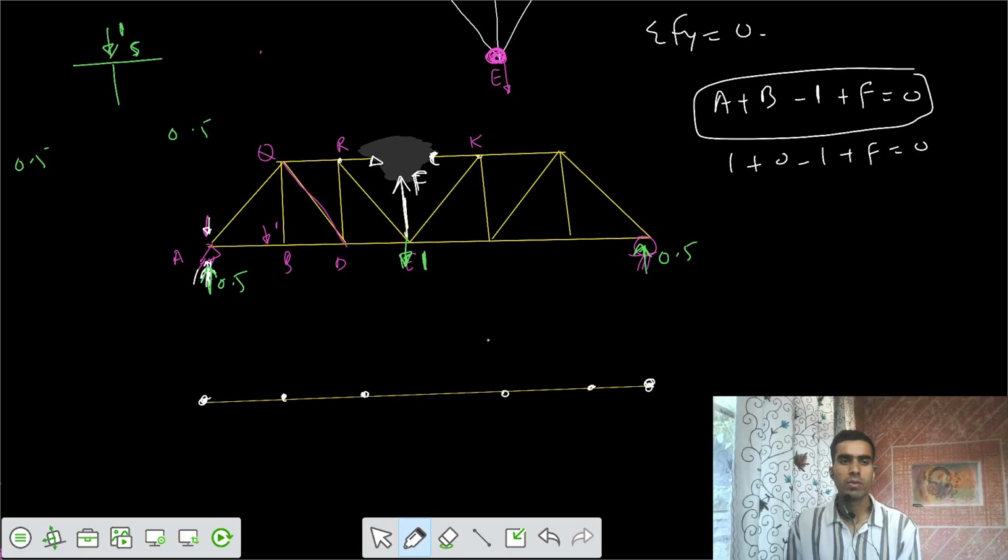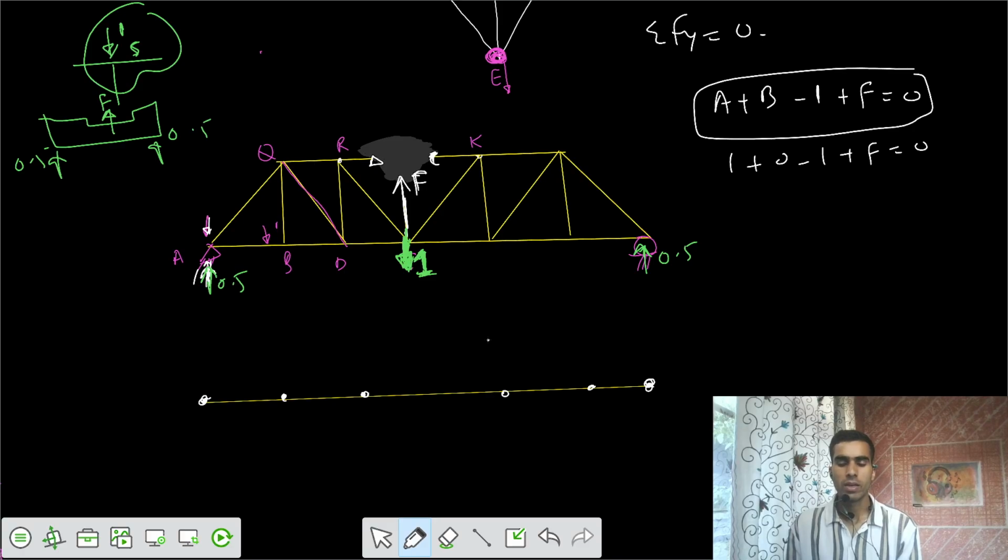But in that case, the effect of that S was not there in the section. We already had reaction 1 and reaction 2, and then we said there is some F here. But in this case, your loading joint is shown in the section itself. That means this reaction is not anywhere, it's also shown in the section.